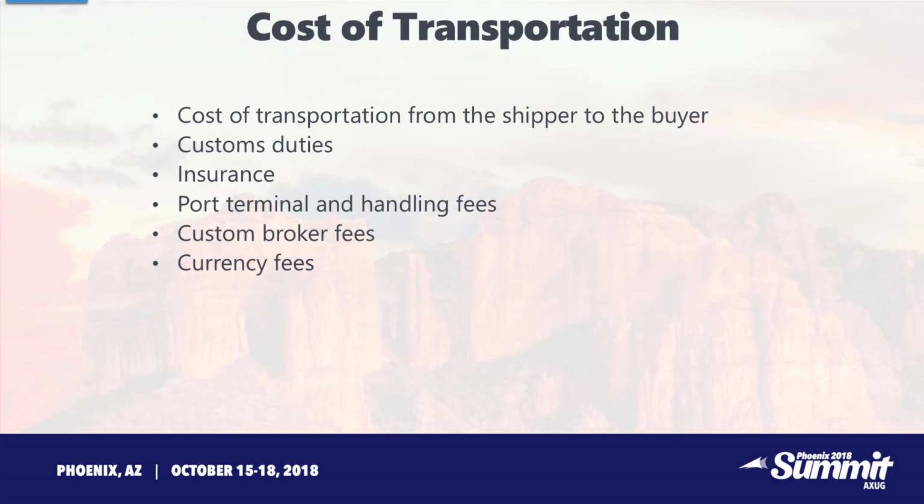So cost of transportation. Really, it's one of the hardest things to do, and it's one of the hardest things to account for. What's very important is if you know it, you can post it on your purchase order, and then you can allocate that across your lines.